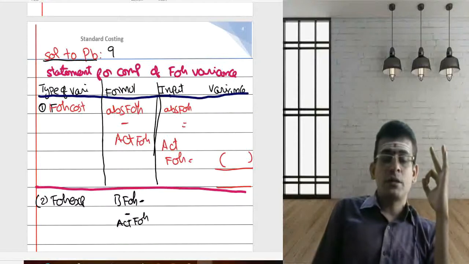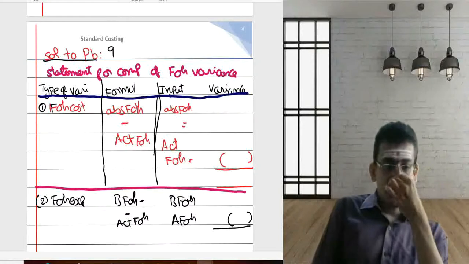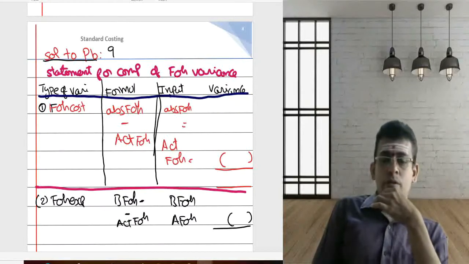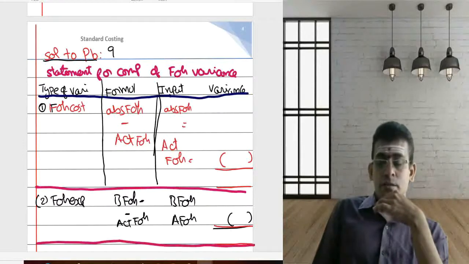If I know the budget and the actual, the difference of this is going to give me my expenditure variance. So I need to compute this difference.